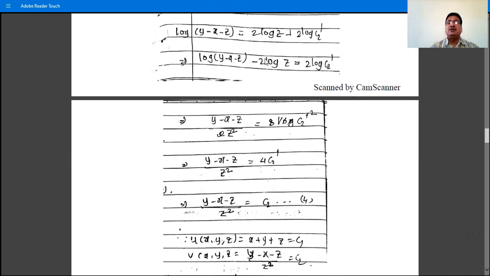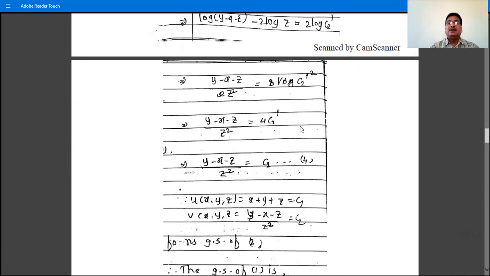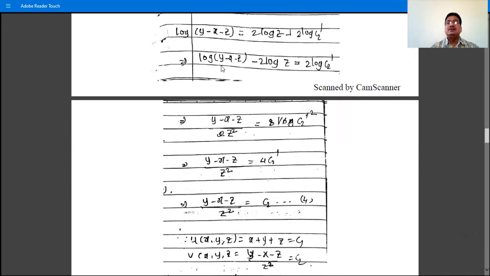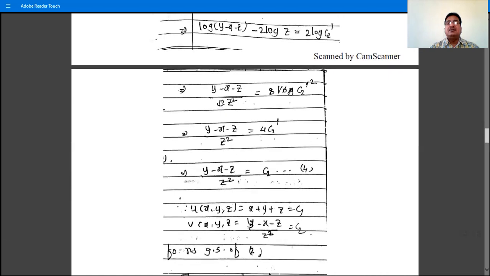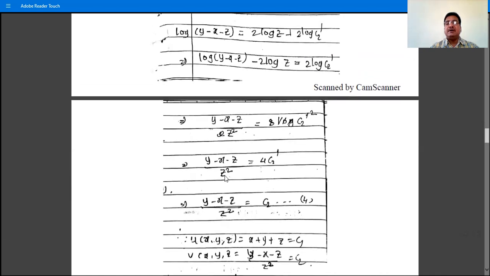And 2 log z means log z square. Then using the log a minus log b rule, log a by b, (y minus x minus z) divided by z square is equal to log c2 dash square. Then cancel the log on both sides. We have c2 dash square on the right side. Then shift this, so (y minus x minus z) divided by z square is equal to c2.